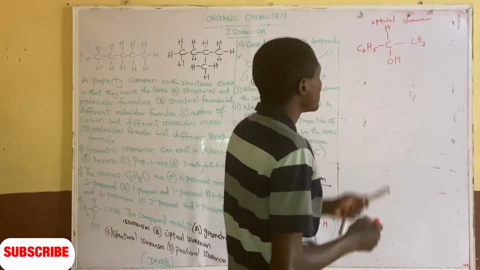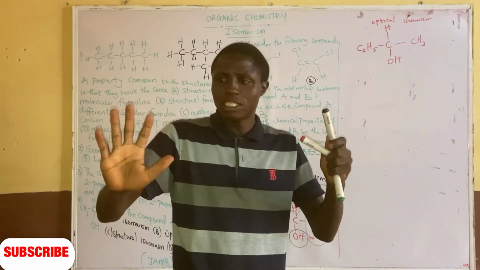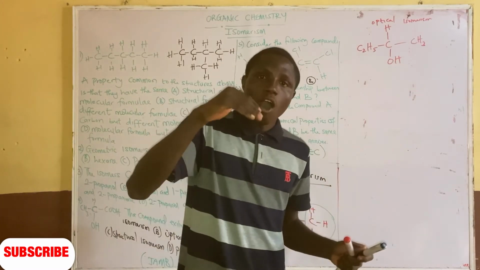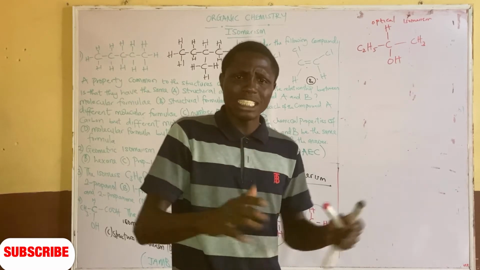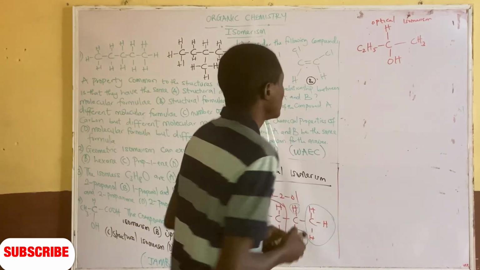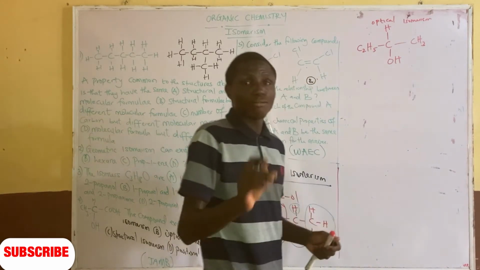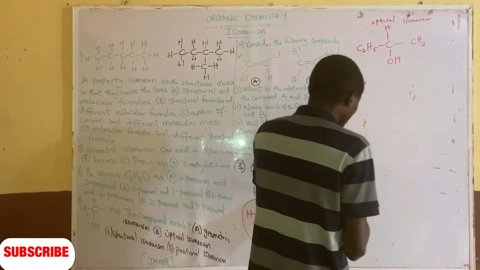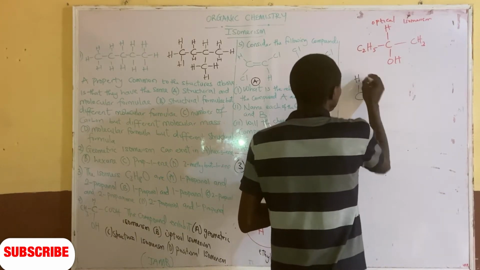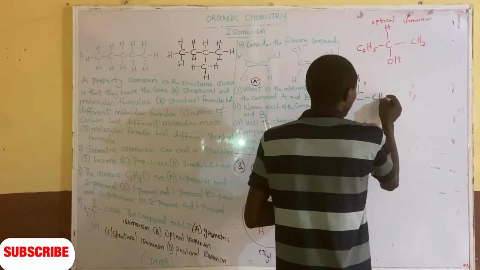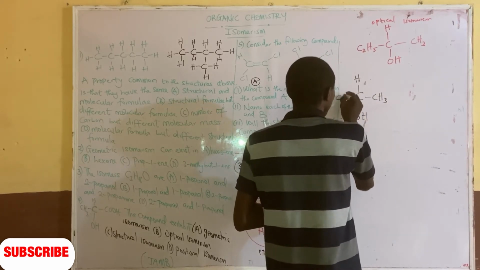This optical isomerism, they possess mirror images. It means they are not superimposable on one another. When I'm talking about mirror images, they cannot be placed on one another. For example, when I place this molecule in front of the mirror, like this, CH3, OH, then we have C2H5.